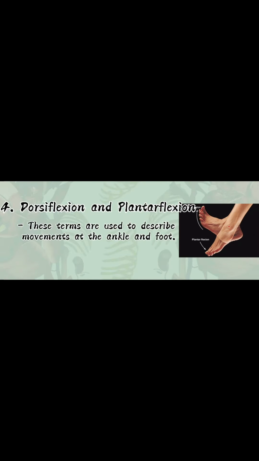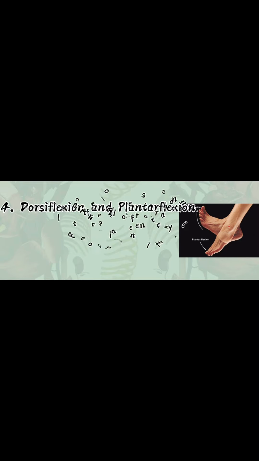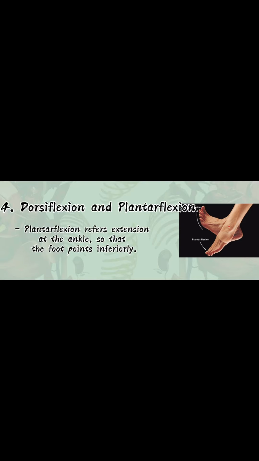The fourth movement is dorsiflexion and plantar flexion. These terms are used to describe movements at the ankle and foot. Dorsiflexion refers to the flexion of the ankle so that the foot points superiorly, while plantar flexion refers to the extension of the ankle so that the foot points inferiorly.